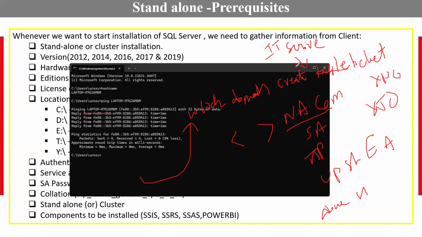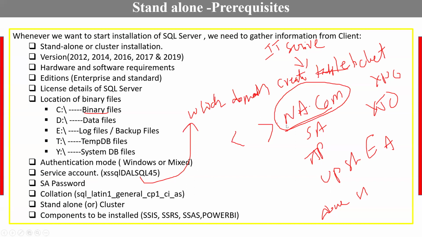You will get the domain name like this: server name dot domain name dot com. Now your service account also should be part of the same domain. Very, very important, sir. Whatever service account you create should also be part of the same domain. That is one best practice you need to follow.